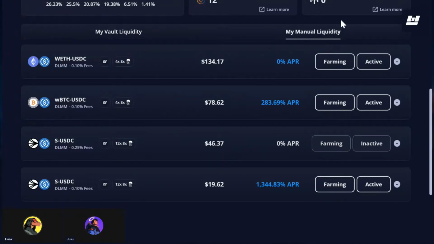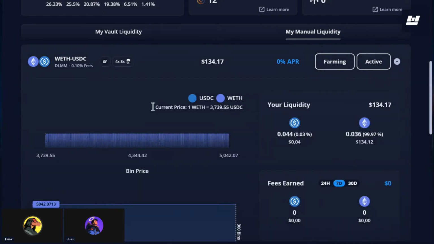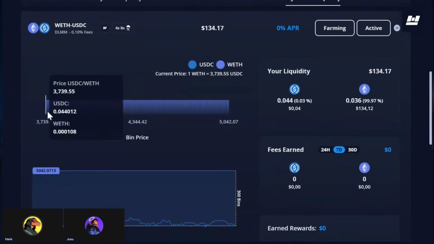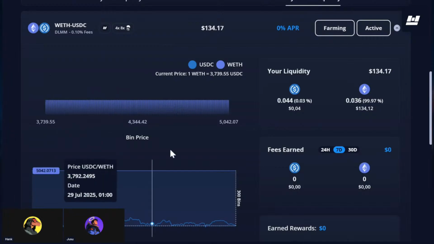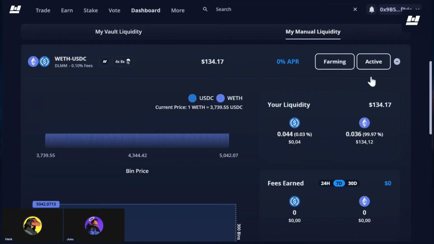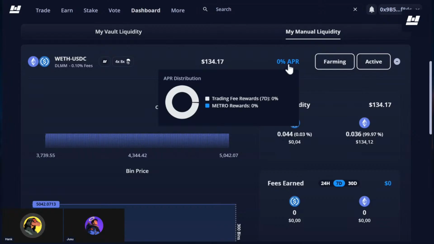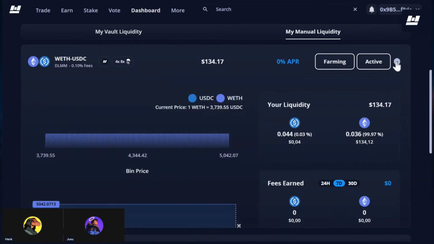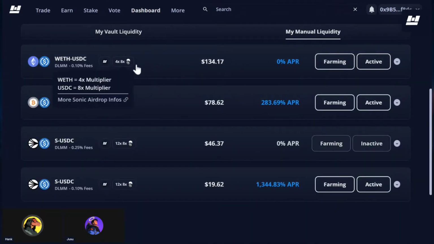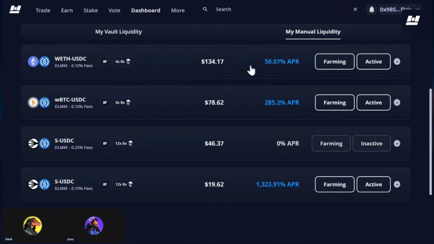So here in my own one, I can see, is the liquidity active or not? I can see, okay, here the price seems to have moved. So here you can see just this little bin has started to be active in the ETH position that I deployed, and it's farming fees, and it might farm some Metro rewards, and this will accumulate over time.